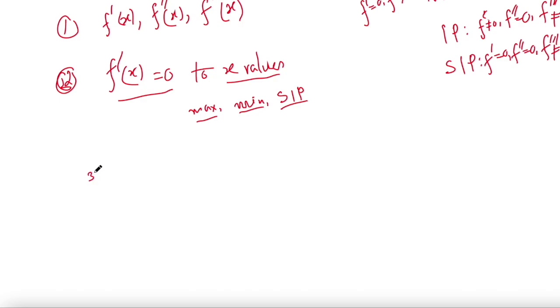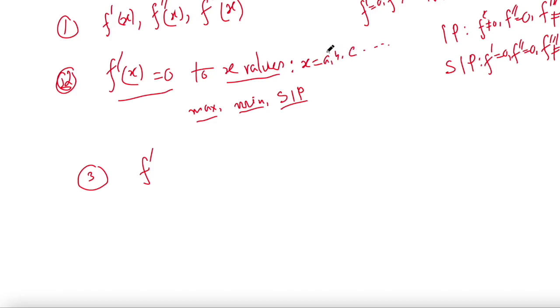Number 3. Now, why is it called the second derivative test? Because the second derivative will confirm whether the point is a maximum point or minimum point or SIP or IP. So the second derivative at, let's say, x equal to a, for example x equal to a, b, c, and so on.